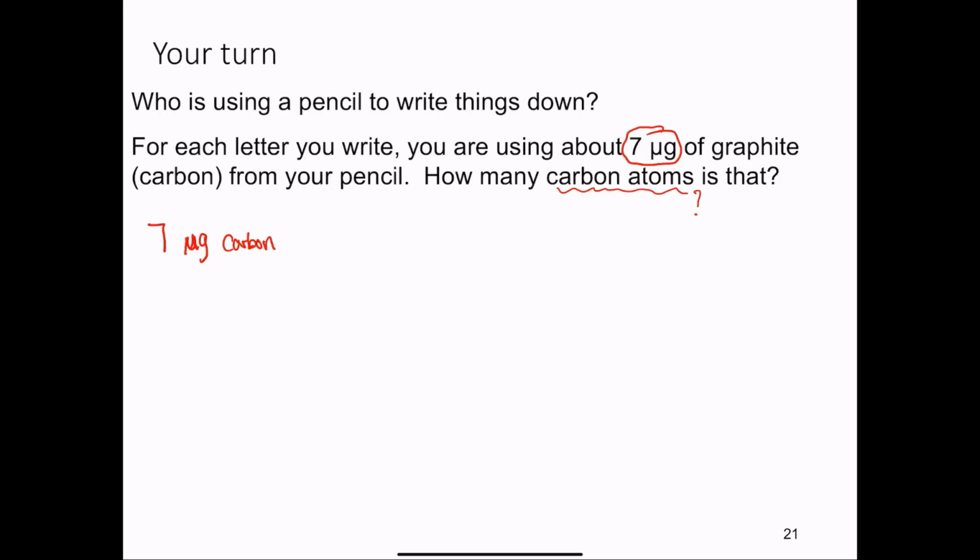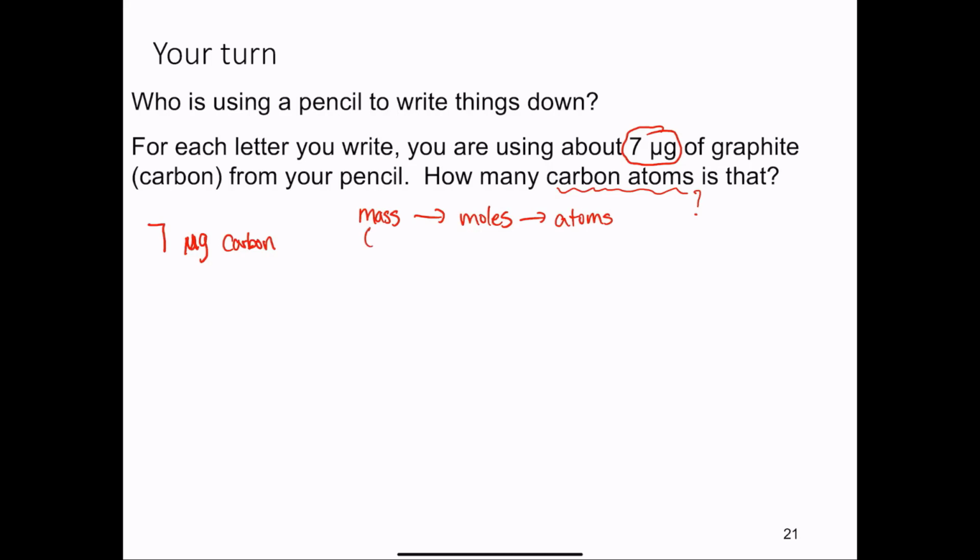Okay, so what else do we know? We know that we need to get to, well, let's see. Hopefully in the last video, I gave you the typical flow that we use to get from mass of an element into atoms of an element, and that is that we go from mass to moles and then to atoms.